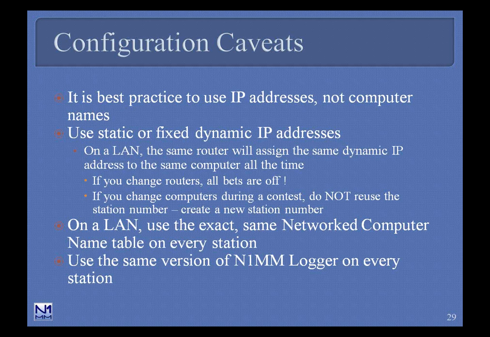You will probably end up getting different dynamic IP addresses assigned to computers, and you may need to reconfigure your computer network names table during the contest. So it's just something to watch out for if you have to change your router during a contest.